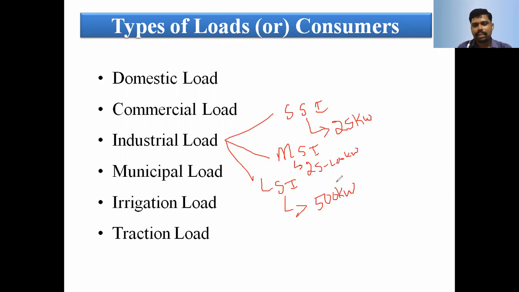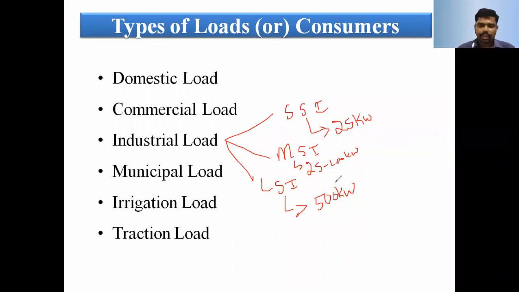Based upon the industry, either small scale, medium scale or large scale, the power consumption is different. For small scale industry, the load used is up to 25 kilowatt, medium scale industry is 25 or 50 to 100 kilowatt, and large scale industry is greater than 500 kilowatts. And the industrial consumer is a different thing.